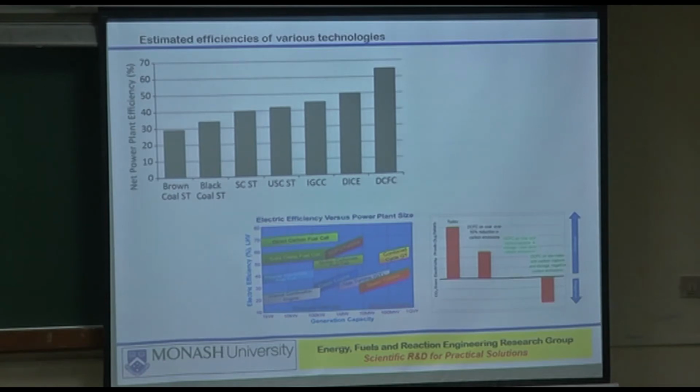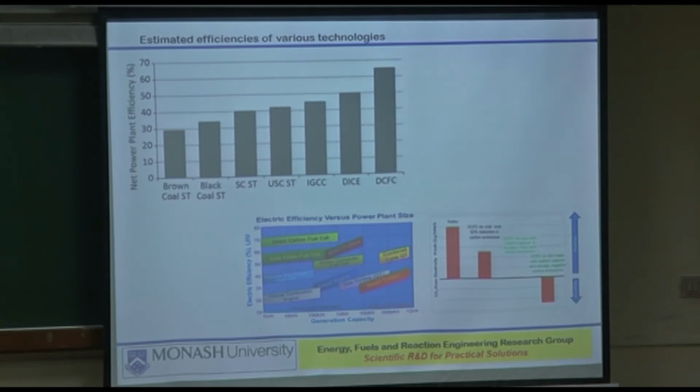That's mainly because of the improvement in the steam cycle, nothing else. Higher pressure, higher temperature. IGCC obviously gives you a little bit more because it's a combined cycle, correct.